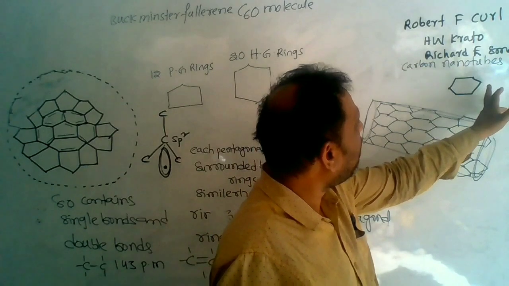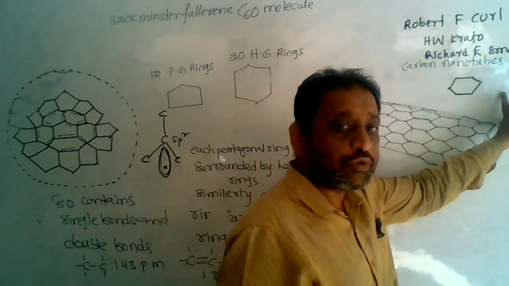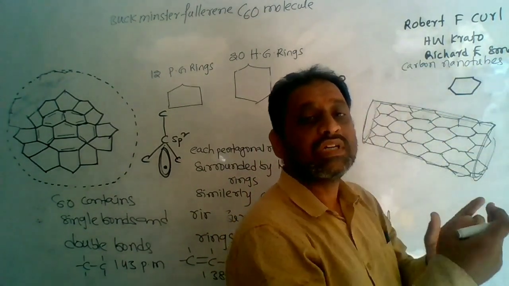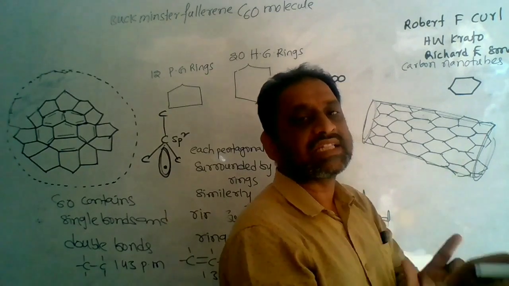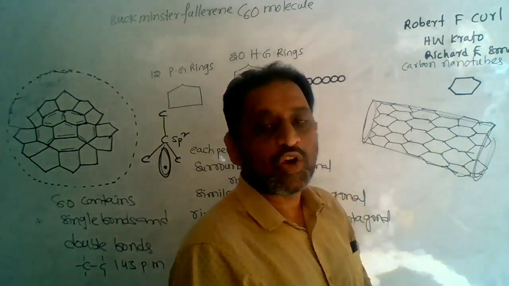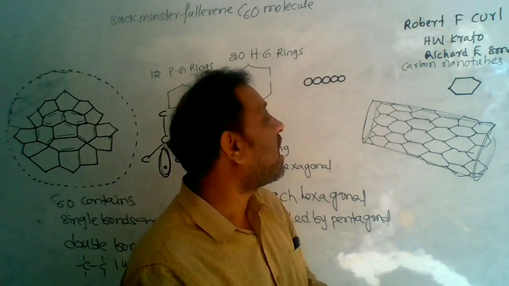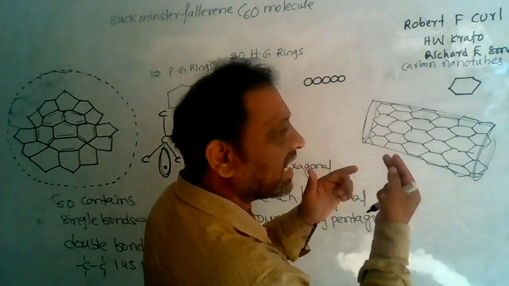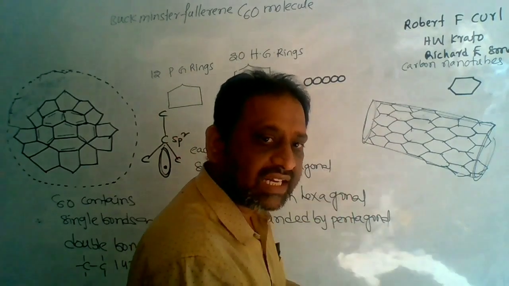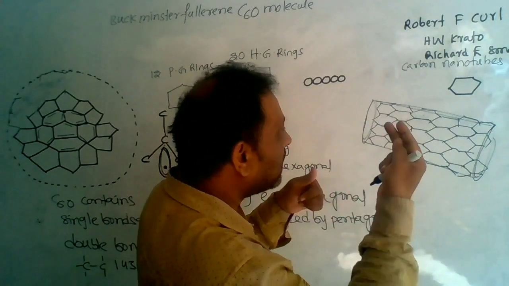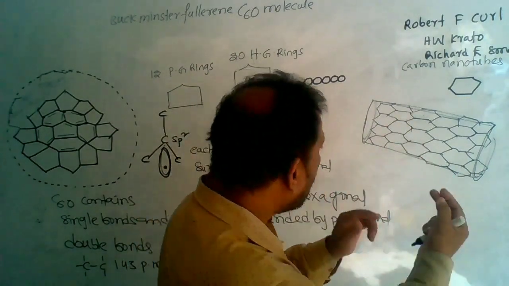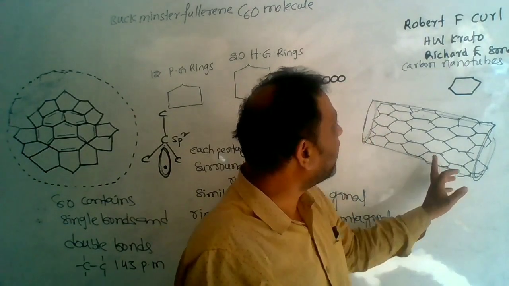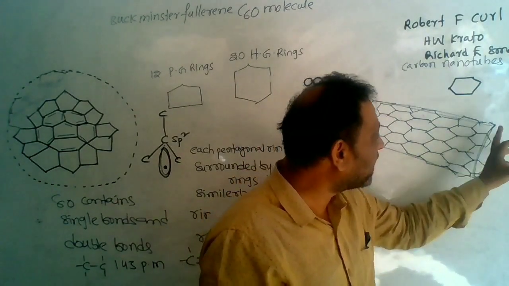The structure of carbon nanotube is similar to a single crystal layer or single hexagonal sheet of graphite, or graphene. Graphene is a single hexagonal crystal sheet folded into a cylindrical tube.